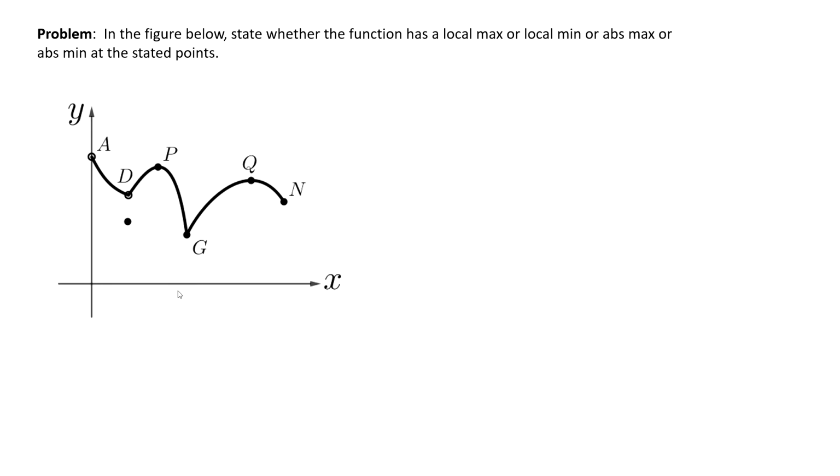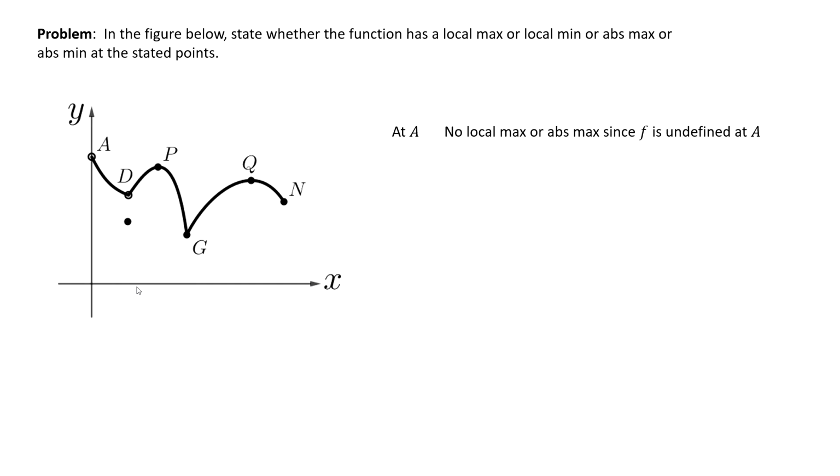Some simple questions. In the figure below, state whether the function has a local max, local min, or absolute min at the stated points. Okay, at a, do we have a local max or local min? Well, that's a hollow circle. That's not even defined. Since f is undefined at a, forget it.